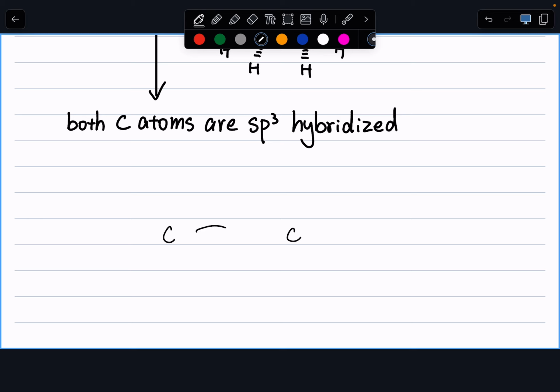So what does that mean? I have one orbital pointing towards the other carbon. That's one of them. There's actually a small lobe too, but you don't necessarily need to show it. And you have another one going on the top, and that forms a bond with hydrogen.